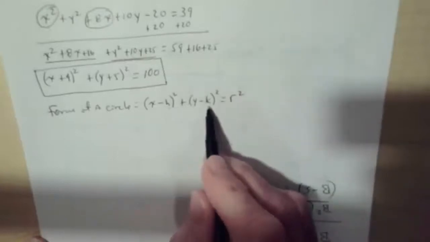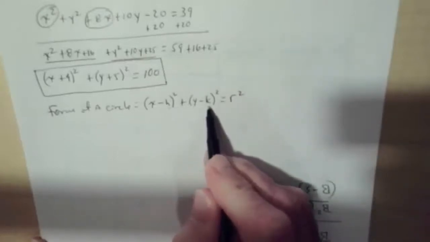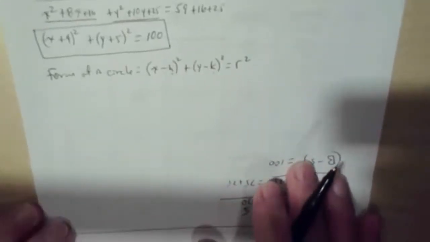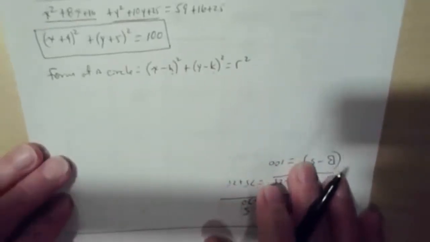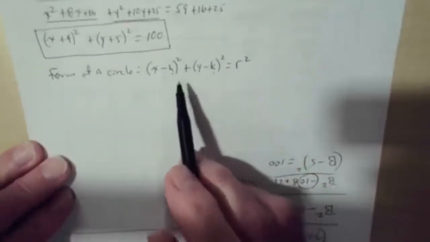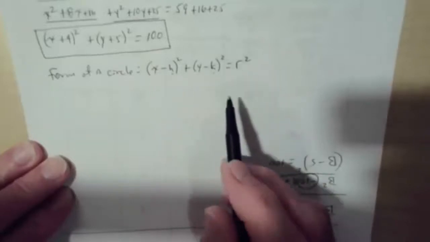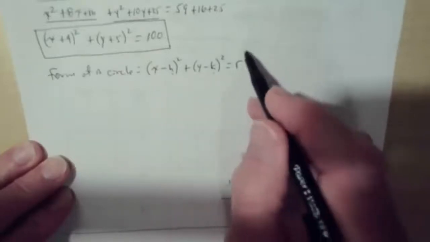Now h and k are just like x and y. We just had to give them a different name, but they're still coordinates, so as not to get confused with this x and this y.